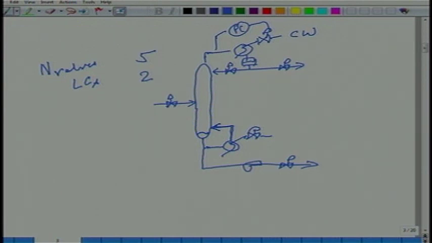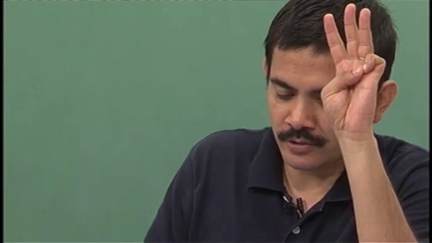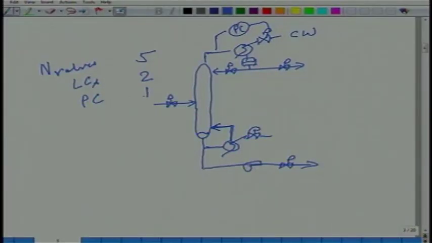Does this make sense or no? So you will have to have a pressure controller. Okay. So two liquid inventory controllers, one gas inventory, vapor inventory controller. Yeah. So how many inventory controllers? PC 1, total 3. Degrees of freedom will be what?